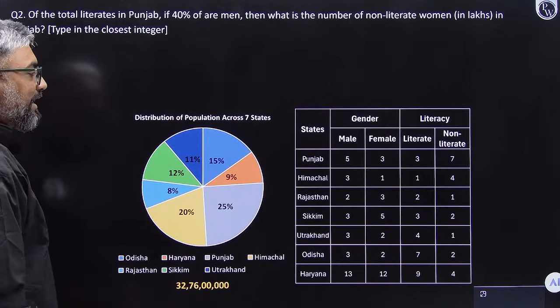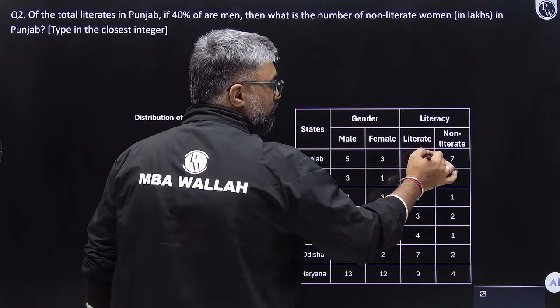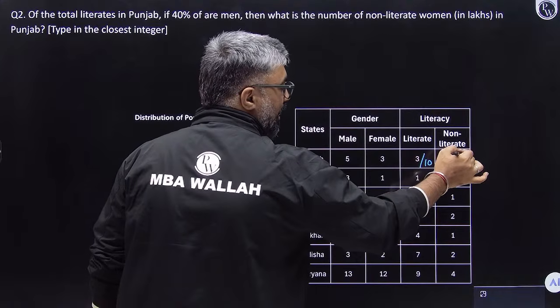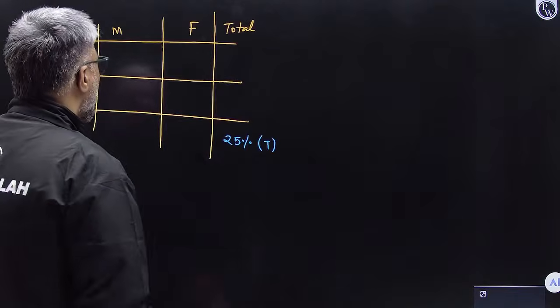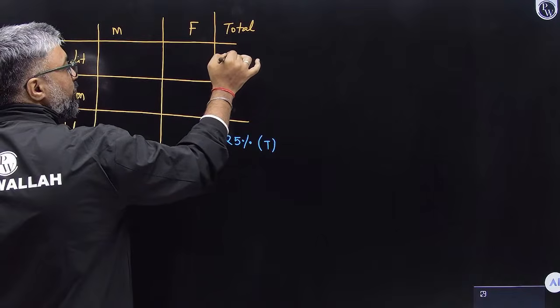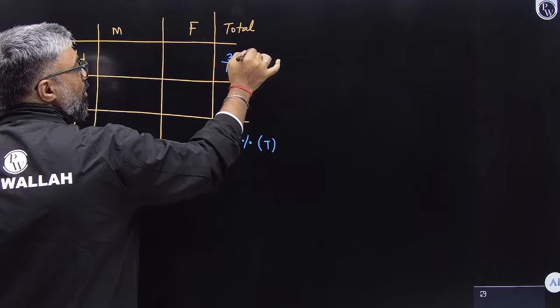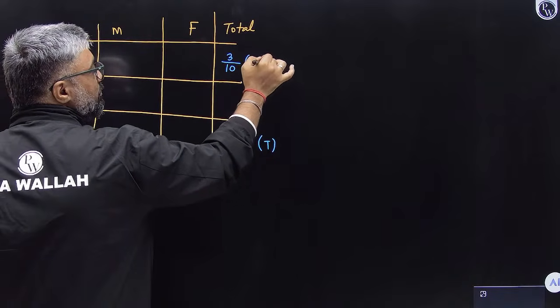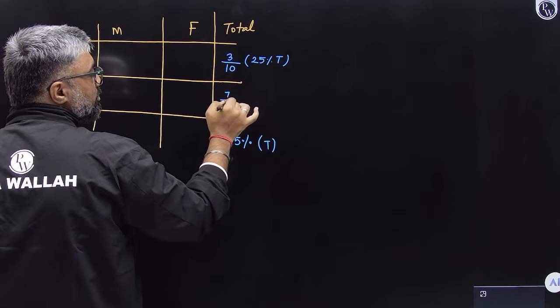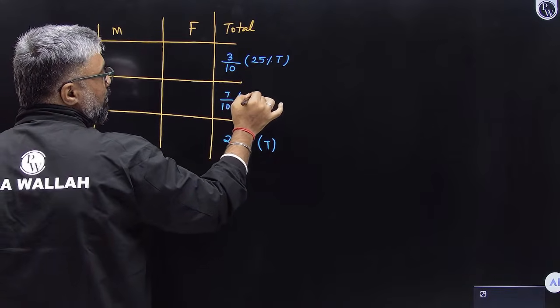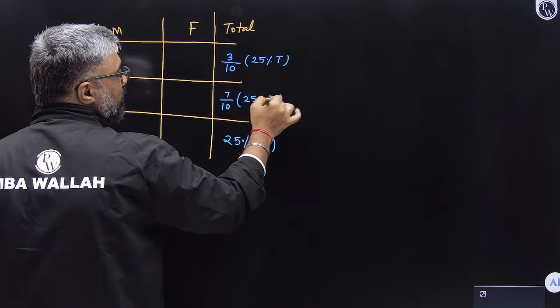Out of that, how many are literates in Punjab? Literate is 3 out of 10 and non-literate is 7 out of 10, correct? So literate is 3 out of 10 of this 25% of T. Same way, non-literates is 7 out of 10 of this 25% of T.